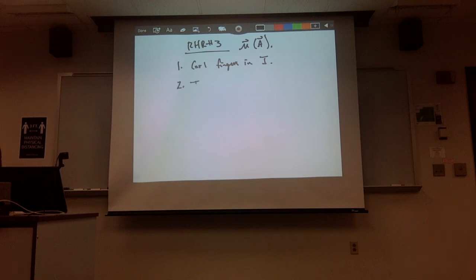Step number 2, thumb, again, it's perpendicular to the hand, points in the direction of mu, which is the same direction as A. And then we have, finally, a modified version of right-hand rule number 3. This is technically for Faraday's law.